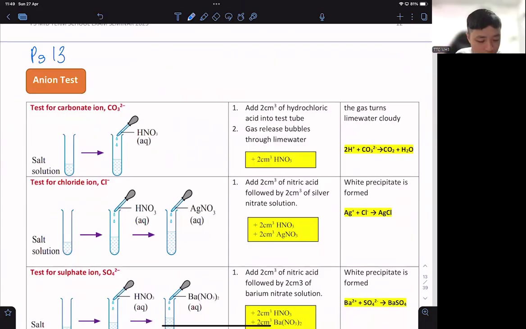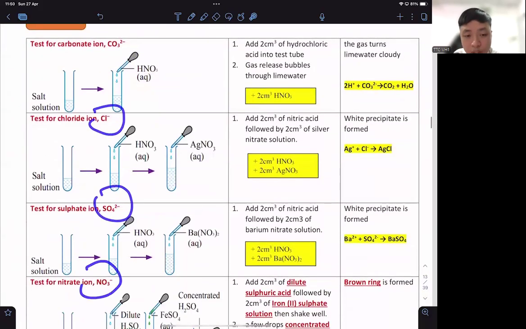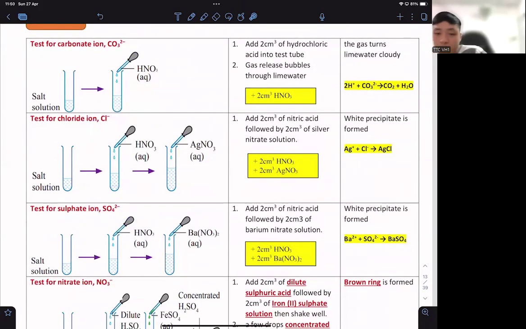So now the anion test has 4 tests. Remember the negative ion test, negatively charged ions: CO3 2-, Cl-, sulfate ion, and nitrate ion. This one, how to remember? They might ask one in the exam.